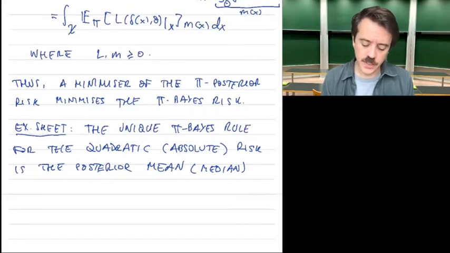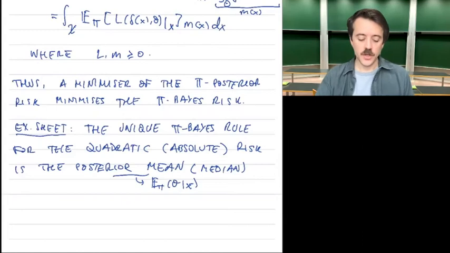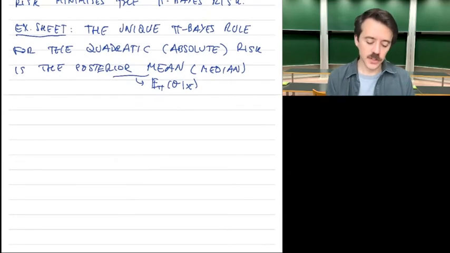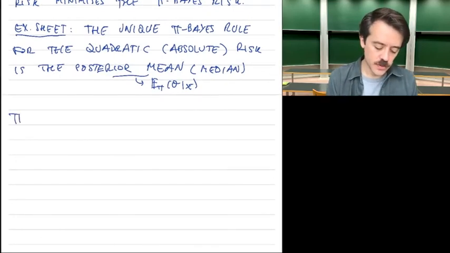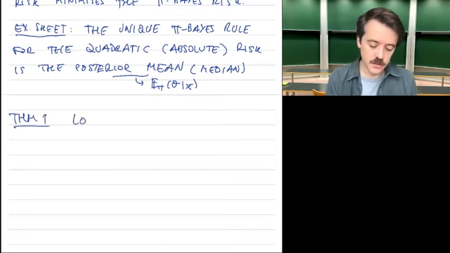Okay, so the posterior mean I write as the expectation under the pi of theta given the x, right? So that's the notation that we're using now. This gives us the following result. Theorem 1 of this section: let's take a decision rule.